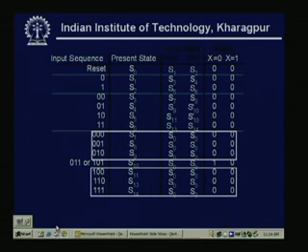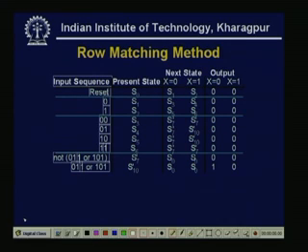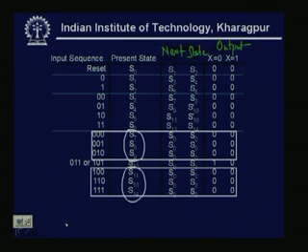So, if we combine, we can write it this way: not 0 1 1 or 1 0 1, because we have already seen that if the input sequence is 0 1 1 or 1 0 1, then it is S10 and the next state is S0.